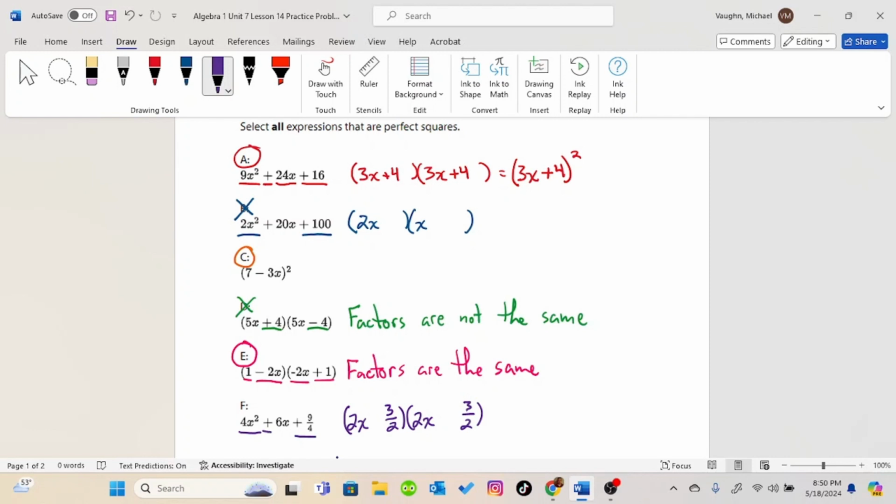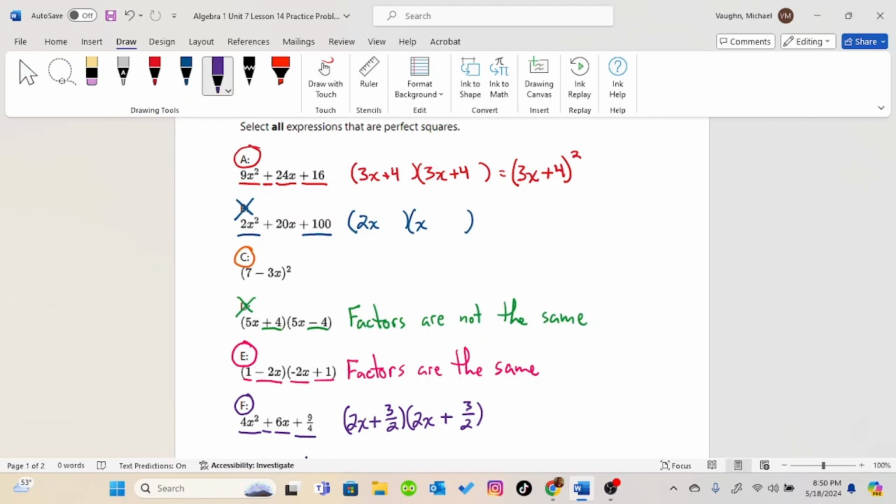And because our first sign is positive, this is plus 3 halves. Now if we multiplied this together, 2x times 3 halves would be 3x, and 3 halves times 2x would also be 3x, and 3x plus 3x would be the 6x in the middle, so this is a perfect square.